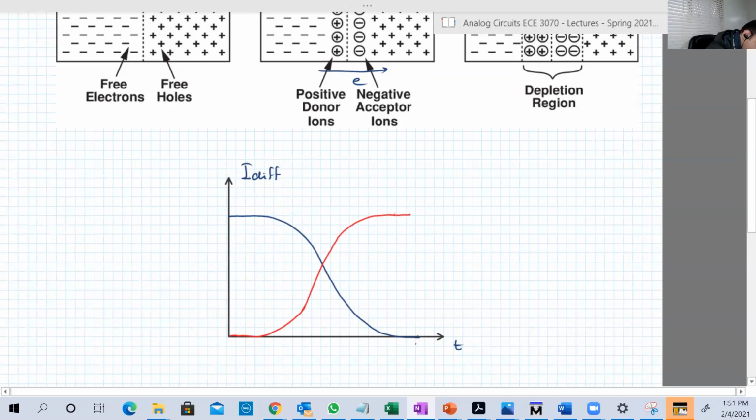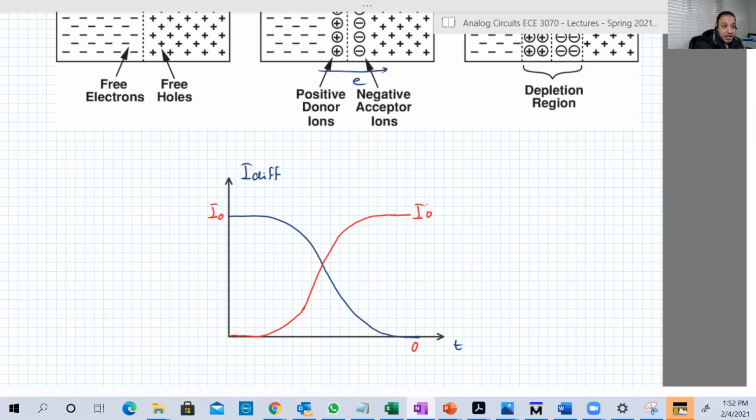The end here is 0. If this is, let's say, I naught, this will be I naught as well. That's why they will cancel each other. So this is the equilibrium condition of the PN junction.